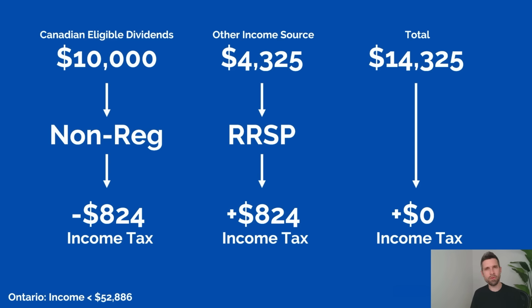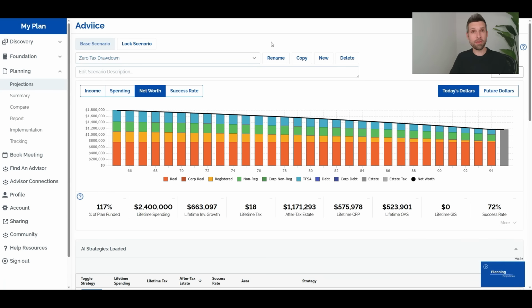This is the powerful nature of this sort of insight, this sort of tax planning, is that in BC, Alberta, Ontario, you can trigger additional income to use up those non-refundable tax credits. Now, rather than doing all these calculations by hand, which would be kind of crazy, you want to use a retirement planning platform like Advice to figure all this out for you.